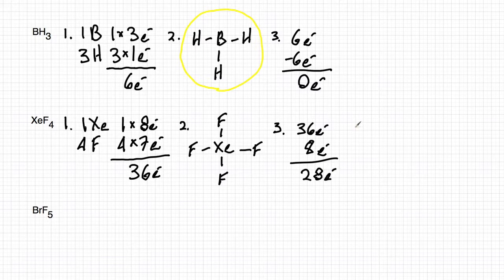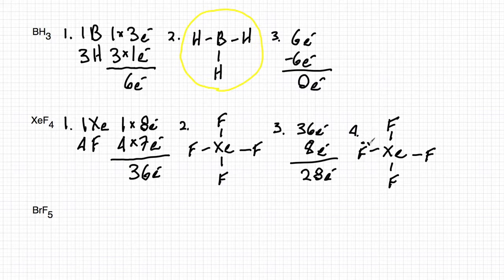So let's go ahead and do that. So for step 4, let me recreate the trial structure. And let's go ahead and give each of the fluorines an octet.